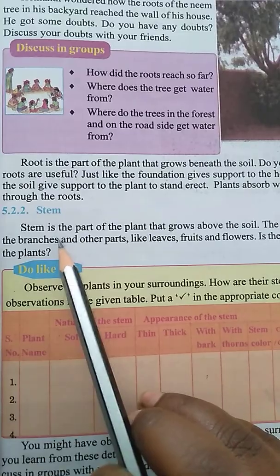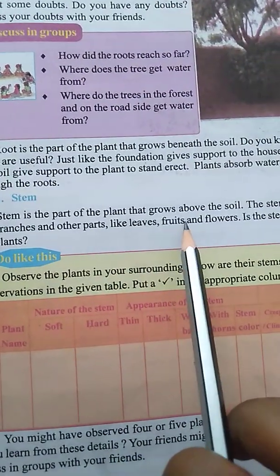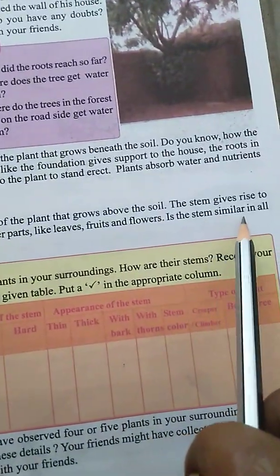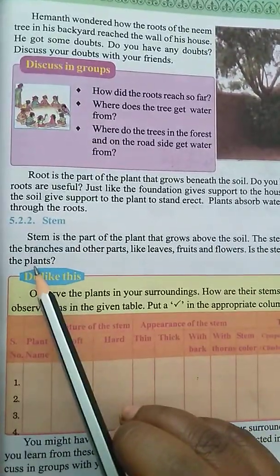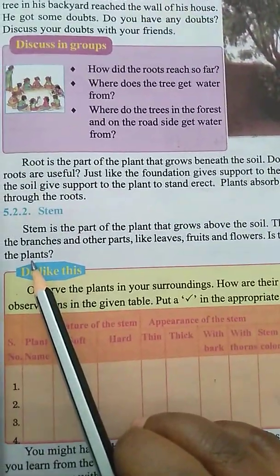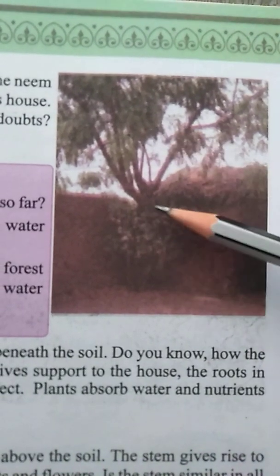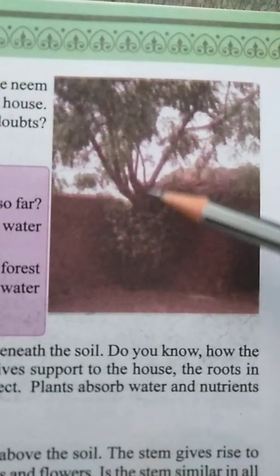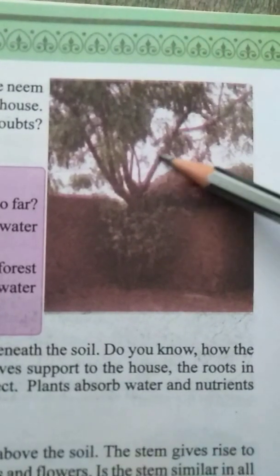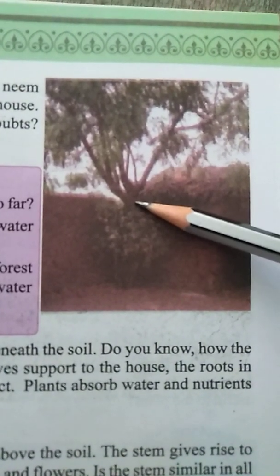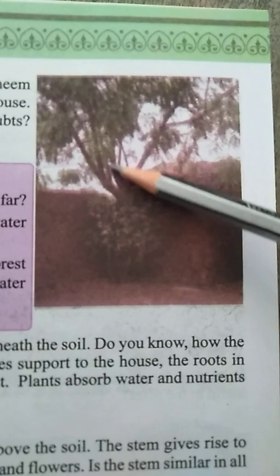The stem gives rise to the branches and other parts like leaves, fruits and flowers. Is the stem similar in all the plants? For that, come to the picture here. See this picture. It is a neem tree. This is the stem of the tree and these are the branches.